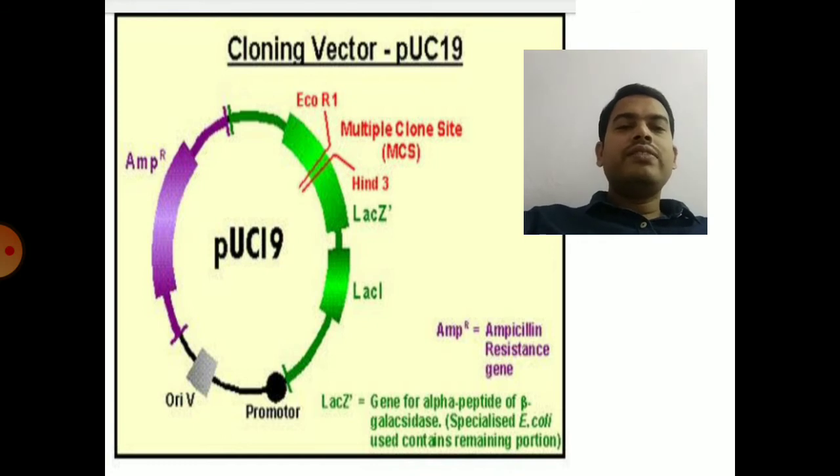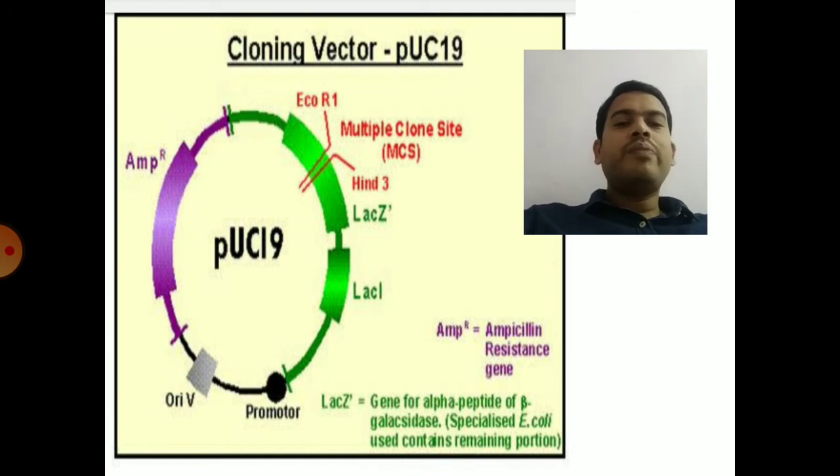So the vector will code for beta-galactosidase, which will cleave X-gal. X-gal is generally a non-chromogenic substance. When it is cleaved, it will give blue color. X plus gal, the X will give blue color. So that is the substrate which is used for the identification of insertion of your foreign DNA.